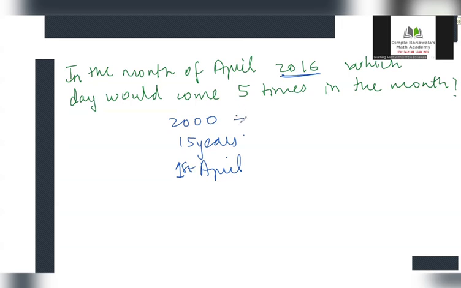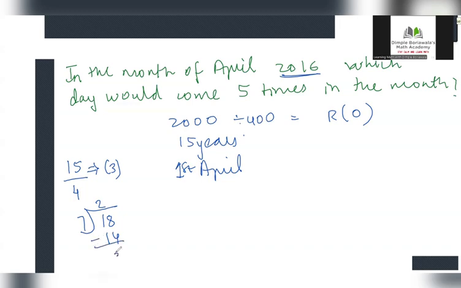Now 2000 is divisible by 400, so remainder is 0. 15 divided by 4, my quotient will be 3. 15 plus 3 is 18, divide by 7, 2 sevens are 14, remainder is 4. So I will put here remainder 4.